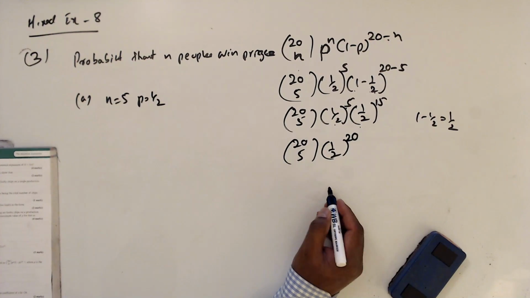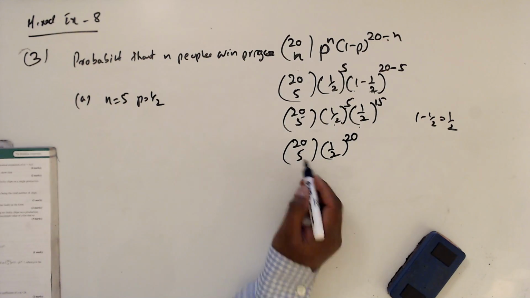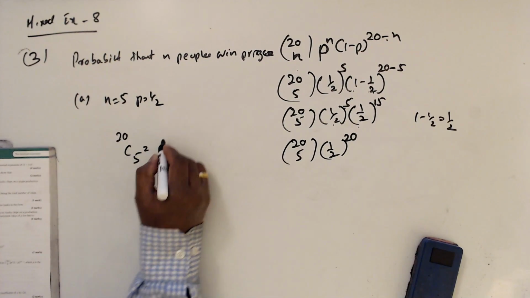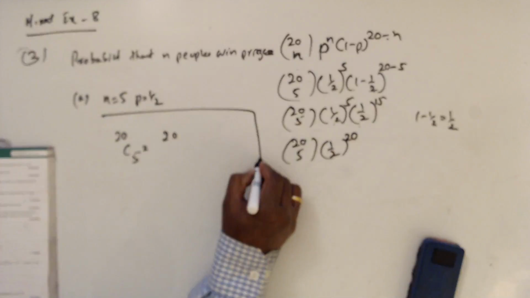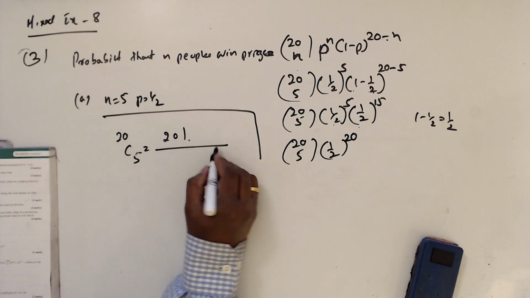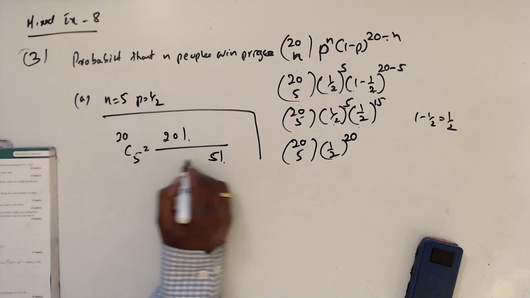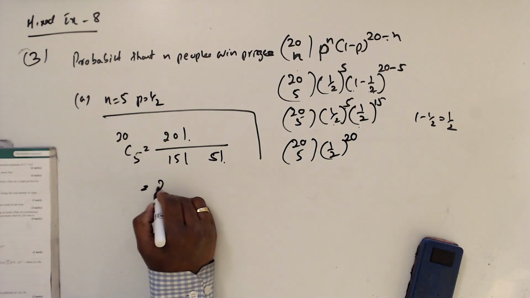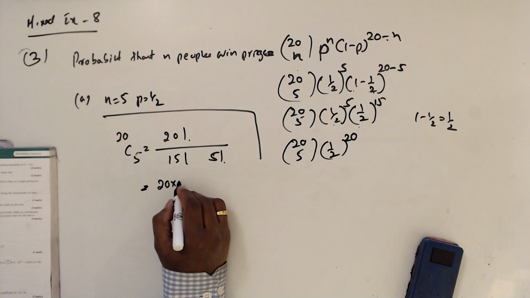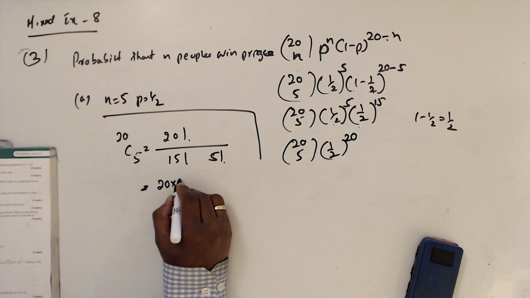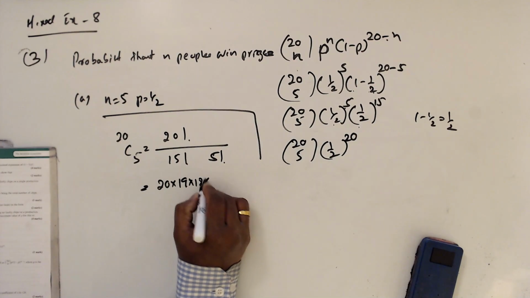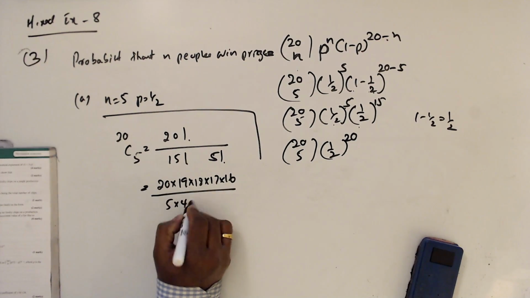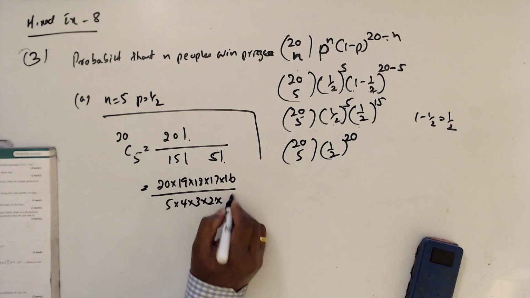Now we want to find 20C5, which is factorial 20 over factorial 5 and factorial 15. 20, 19, 18, 17, 16 over 5, 4, 3, 2, 1.